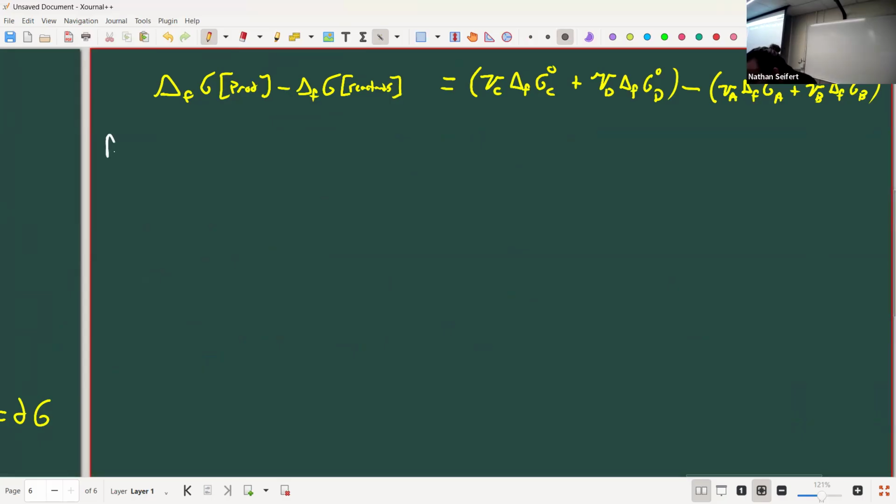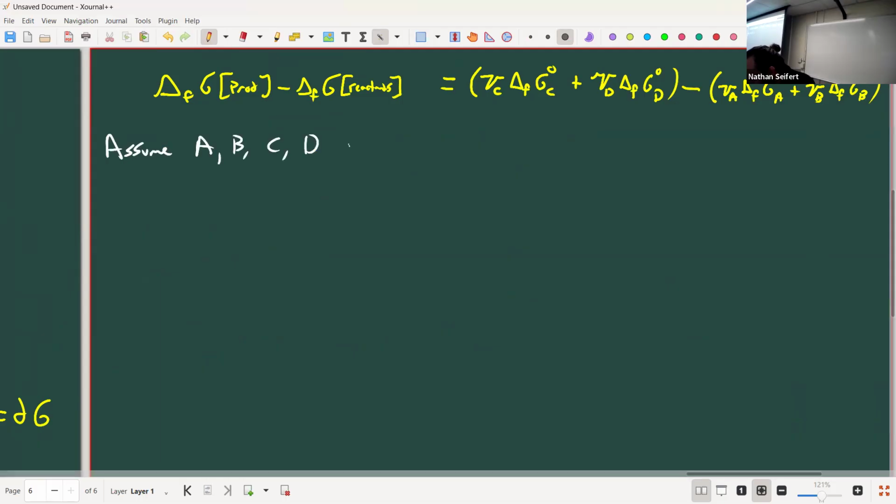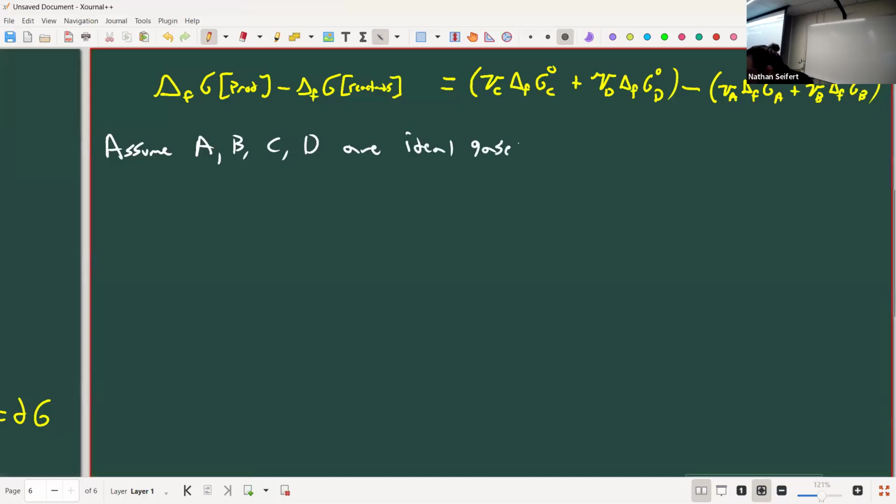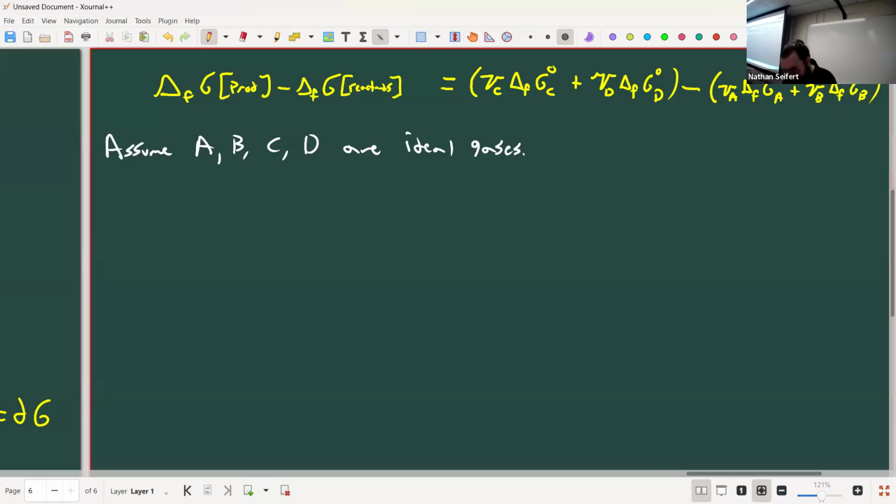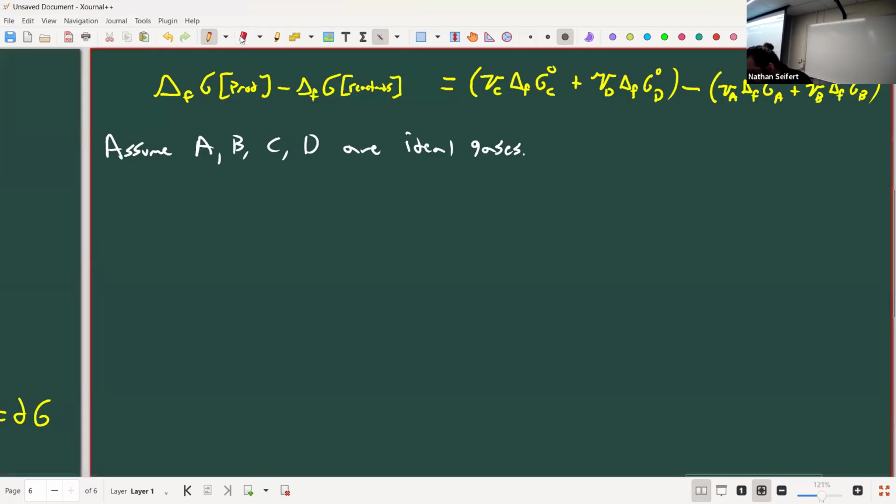Now, what I'm going to assume here, like I did before, is that A, B, C, and D are gases. And so what I can say is that each gas has a partial pressure.